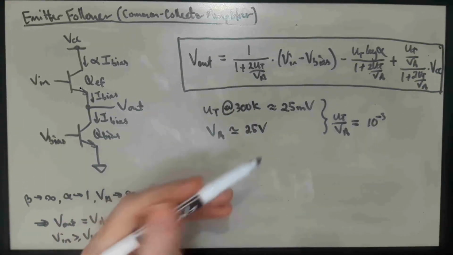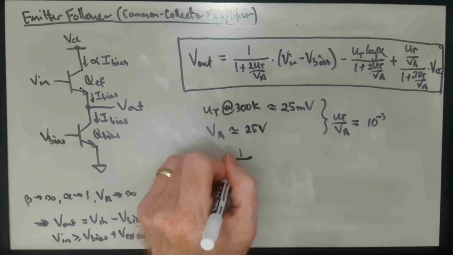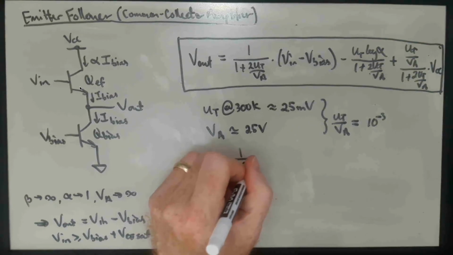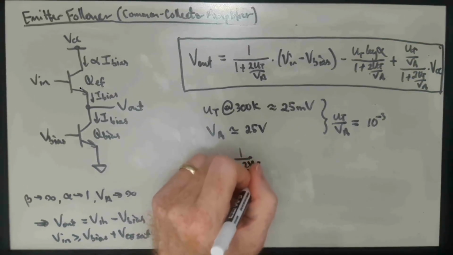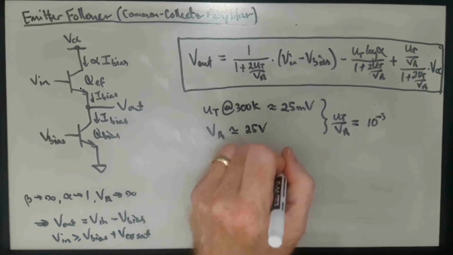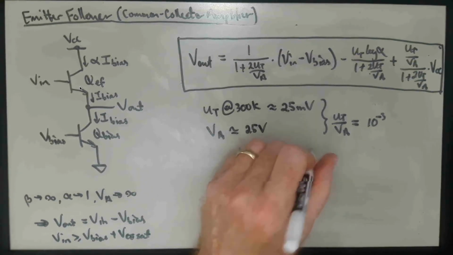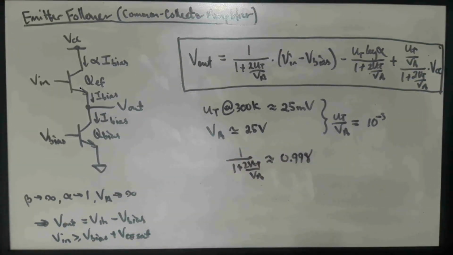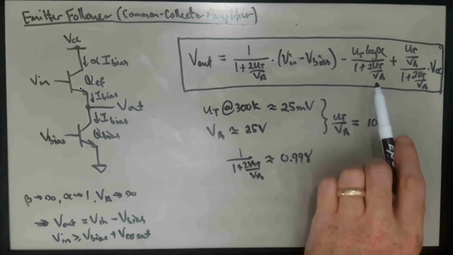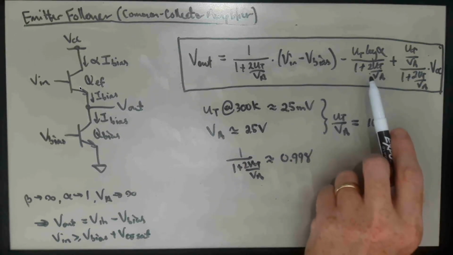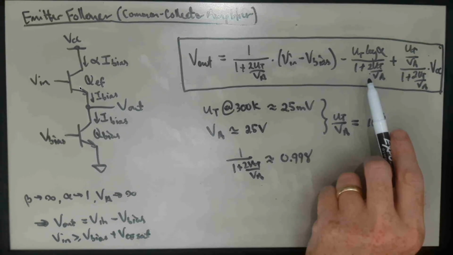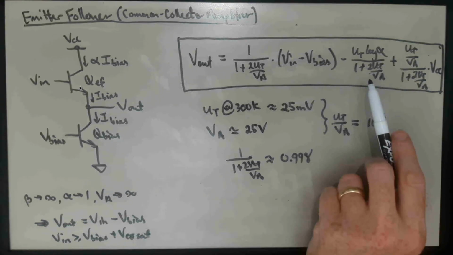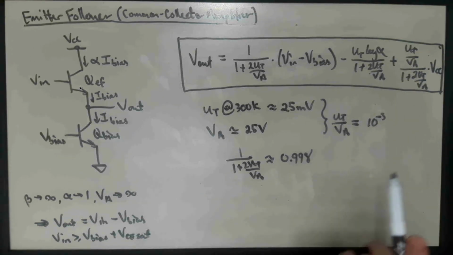So 1 over 1 plus 2 UT over VA is about 0.998. And so this thing which we had decided before was minus UT log alpha was about plus 250 microvolts. That would be very close to what it was before.